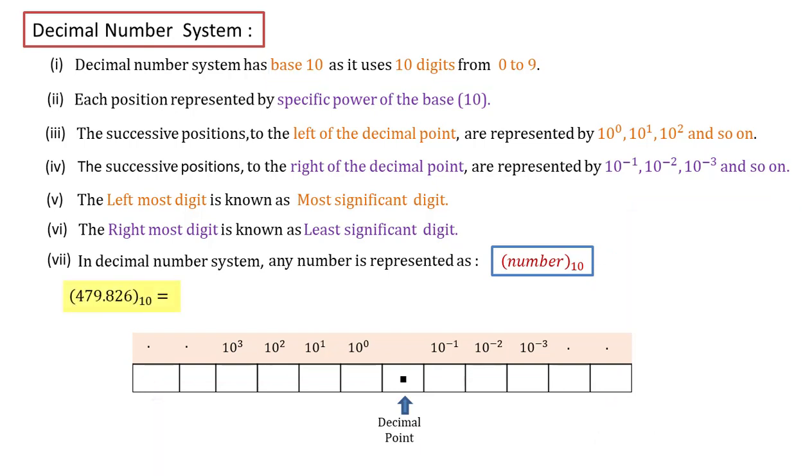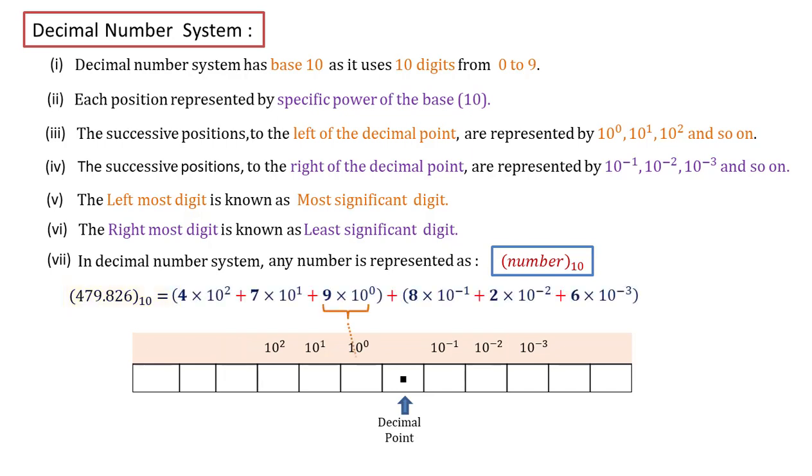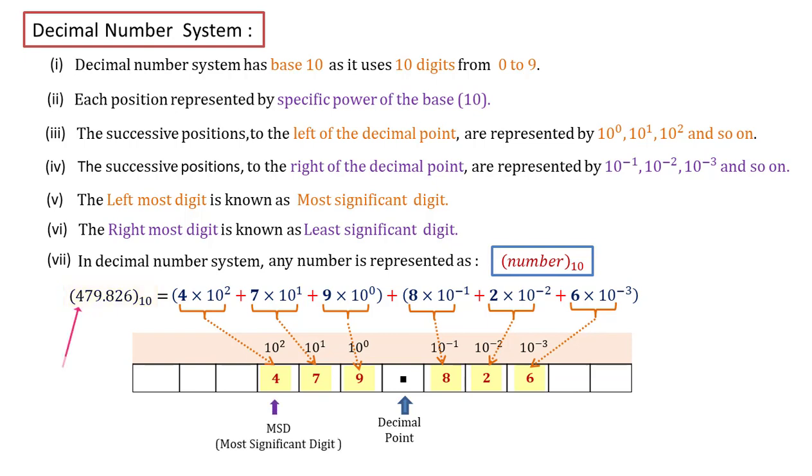Here, each digit has its own position and positions are represented as powers of 10. In this number, 4 is the leftmost digit, so it is the most significant digit, and 6 is the rightmost digit, so it is known as least significant digit.